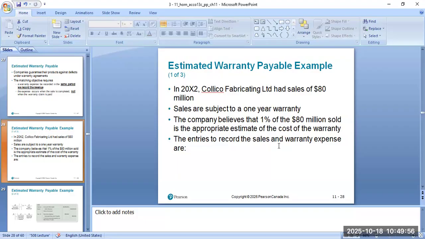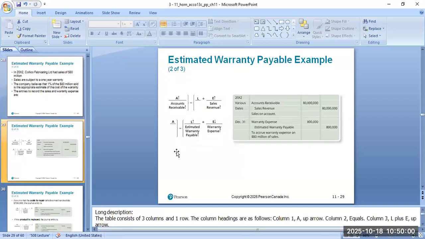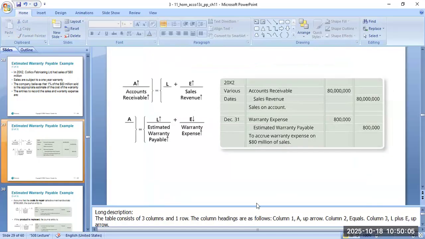Now we have to do the journal entry for those 1%. What will be our journal entry? First, we have to show the sales. In this case, the sales are not in cash. We did not receive the cash yet. It's accounts receivable. So our entry is $80 million sales and $80 million accounts receivable. 1% of the $80 million, that's 800,000. So we have to record the warranty now.